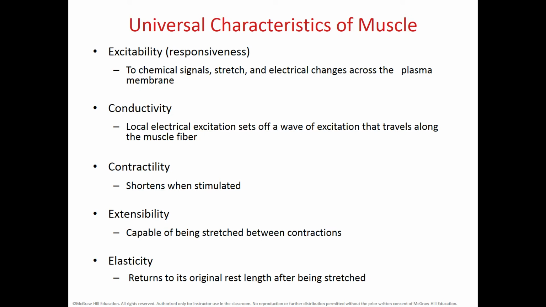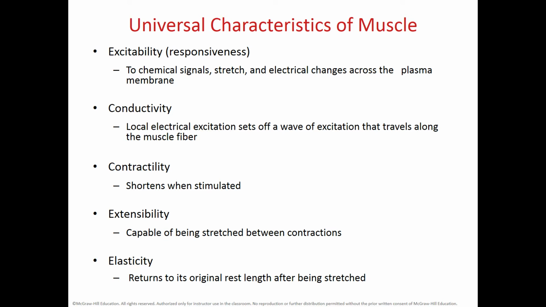Some of these stimuli can be chemical, like receiving a neurotransmitter, or a mechanical stimulus like stretch. When muscle cells receive these chemicals or this mechanical distortion, they respond by producing an electrical signal that moves across the plasma membrane.